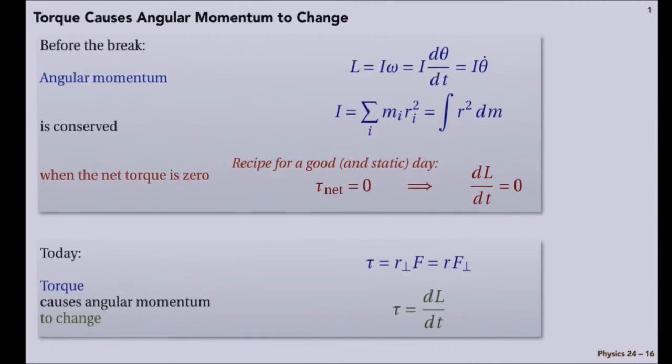Don't you dare say radius. Distance from the axis of rotation. Okay, so you go straight to the axis of rotation. That's what this r sub i means, and that's what this r means. And dm means just a little bit of mass. Add it all up for all the masses.